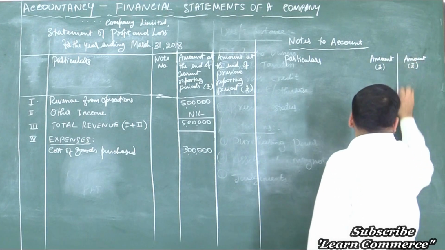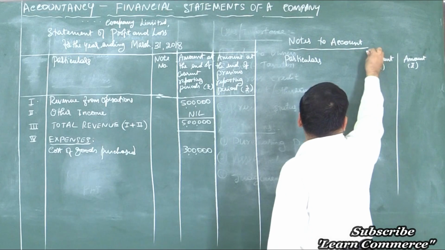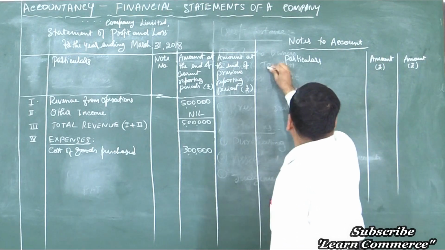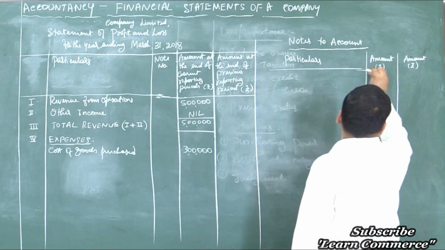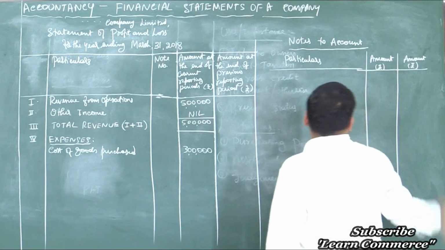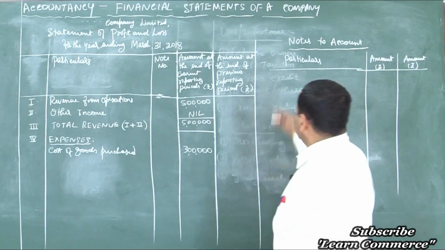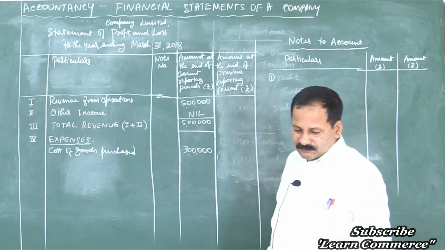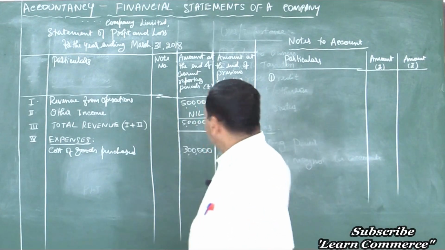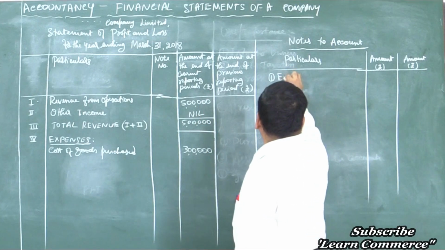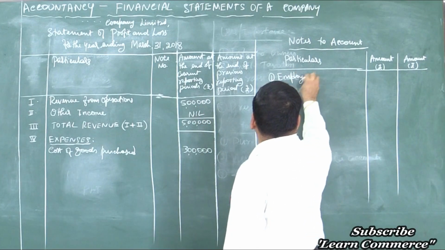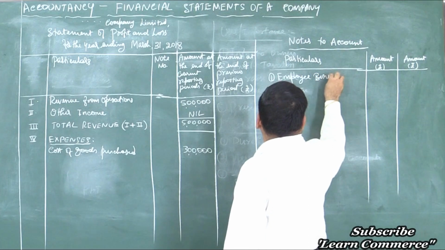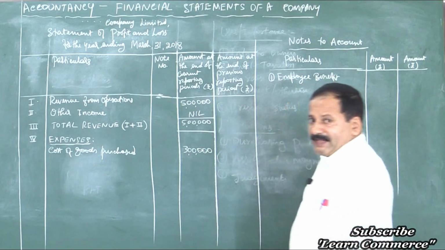This is notes to accounts. Right here, note number 1, that is employee benefit expenses.